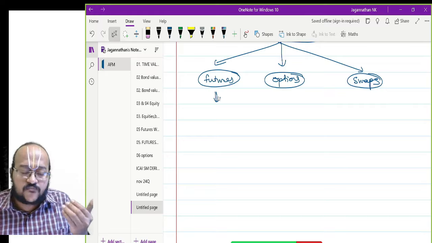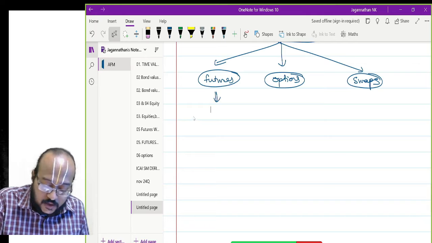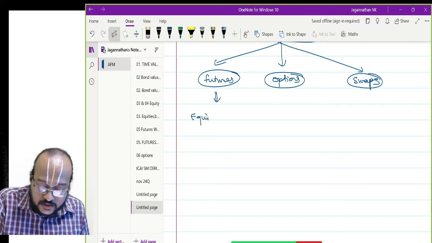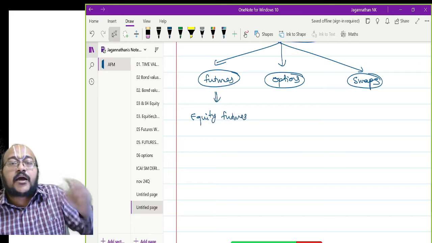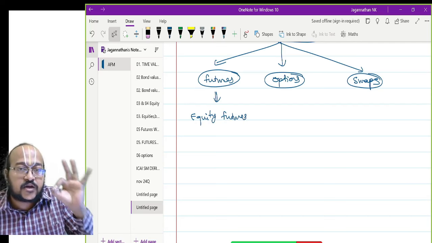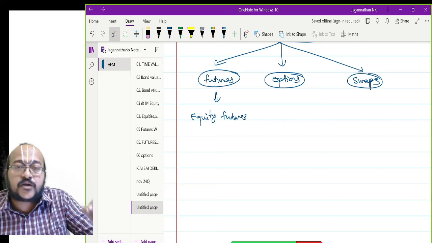Understood? So there are various instruments. First of all, the futures: there are equity futures. Equity futures derive their value from equity shares; the underlying asset in equity futures is equity shares.